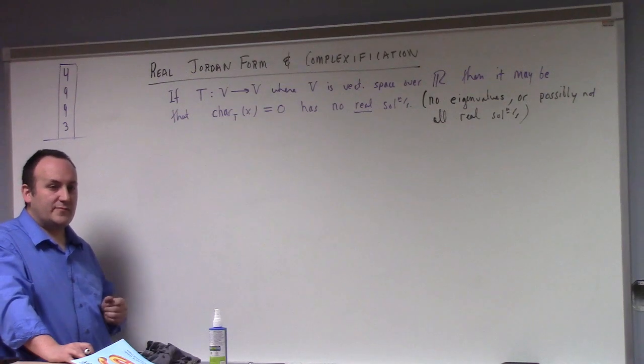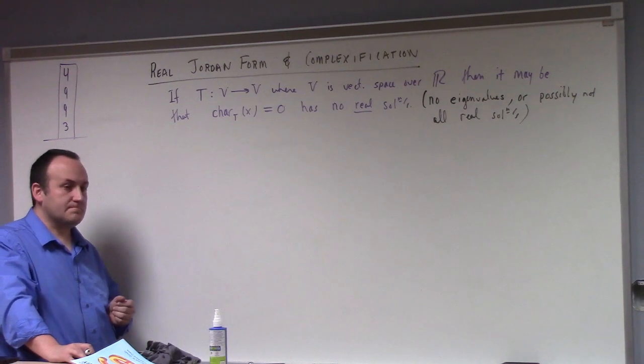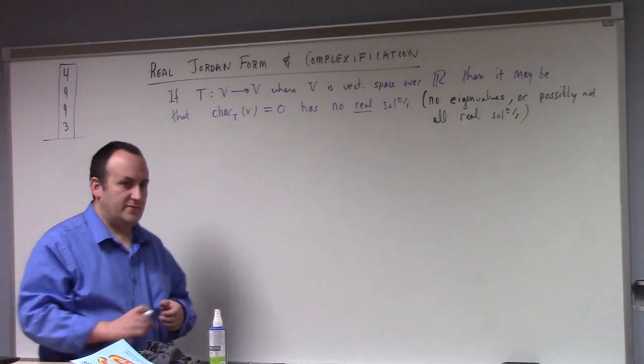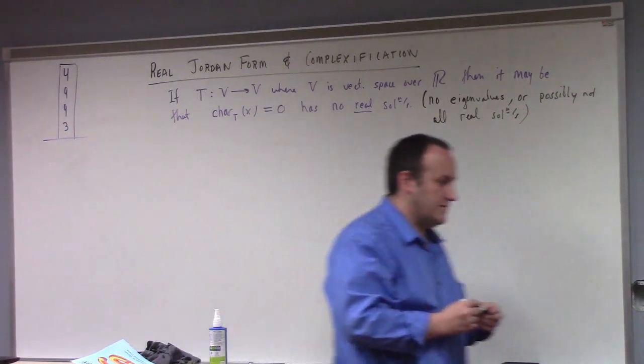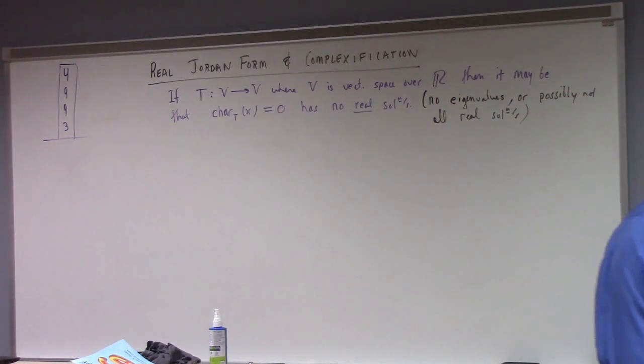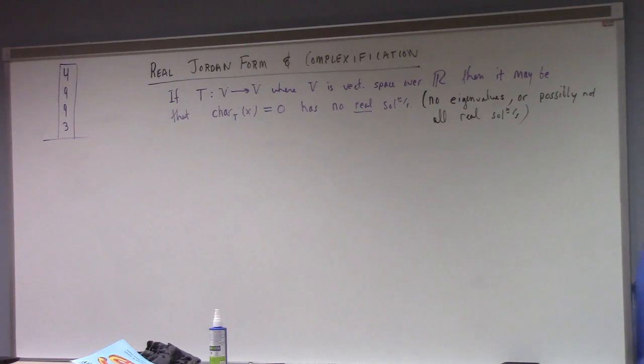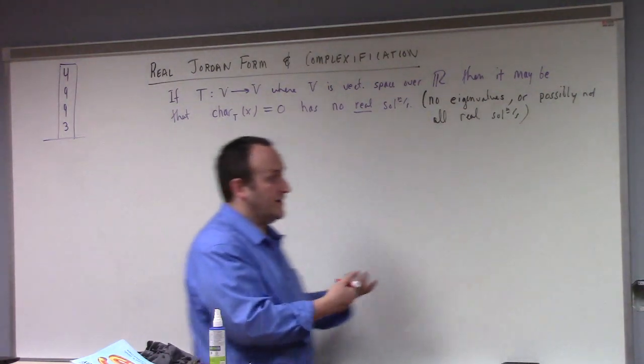But why is this not a problem for complex numbers? What if instead of a transformation of a vector space over the real numbers, we have a transformation of a vector space over the complex numbers?